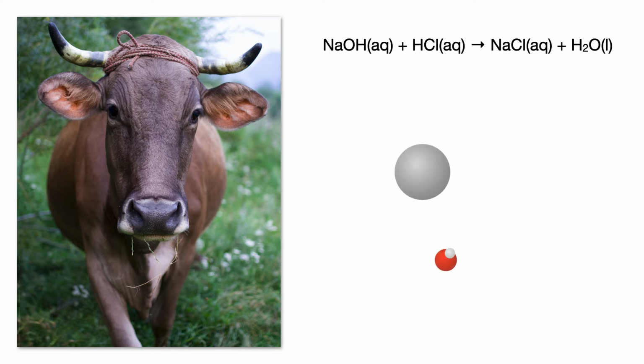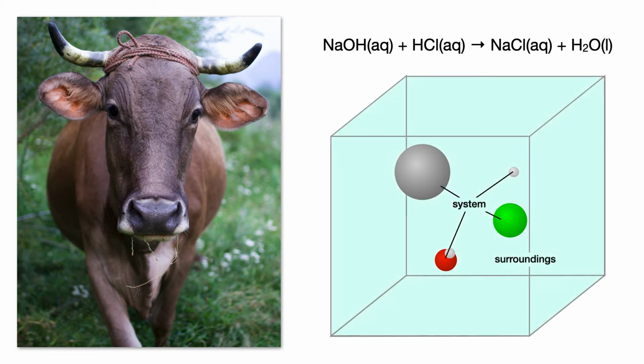So the sodium and hydroxide ion and the chloride and hydrogen ion would all be the system, and the surroundings would be all of the water that those ions are dissolved in. Here the system is not so much a region of space as it is a set of objects that we are interested in following.